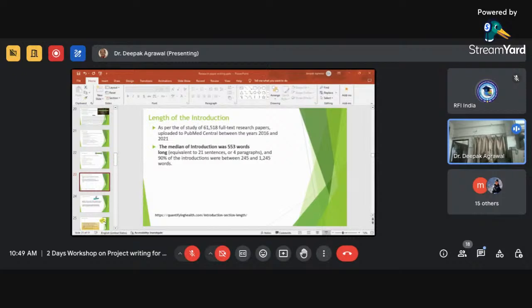It is equivalent to 21 sentences or 4 paragraphs, and 90% of the introductions were between 245 and 1245 words. This is a study published by some of the publishers. So what does this indicate? That in research paper writing, the median is 553 words, and it is somewhere between 245 and 1245 words. So more or less about 1500 words are enough to write the introduction.